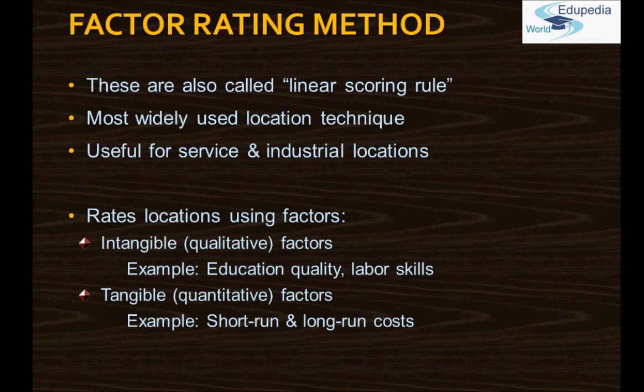It could be the qualitative or the intangible factors, for example the quality of education, the standard of living, the medical facilities, or proximity to market, transportation of the raw materials, availability of skilled laborers, and so on. Or it could be the quantitative or the tangible factors like the various types of costs involved, including the short run and the long run costs.